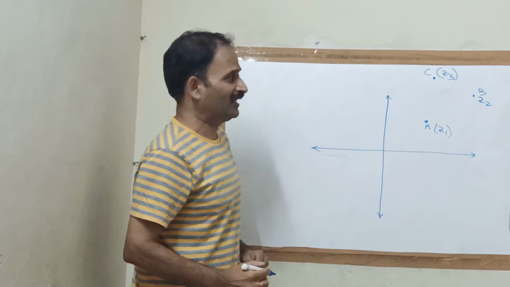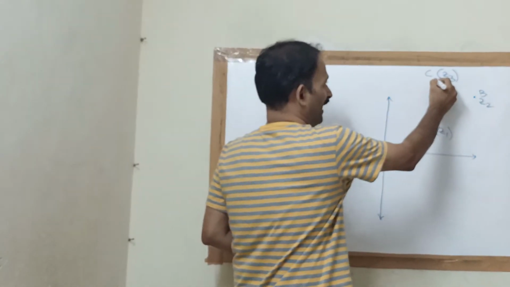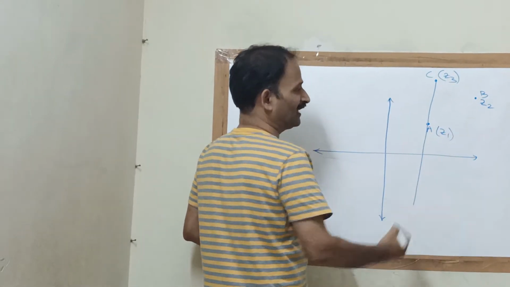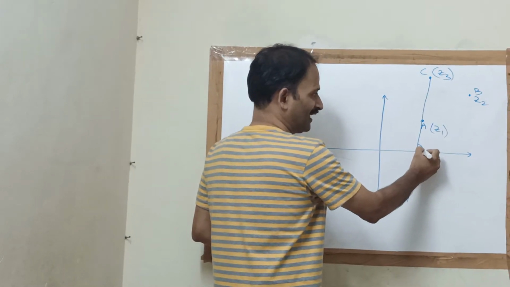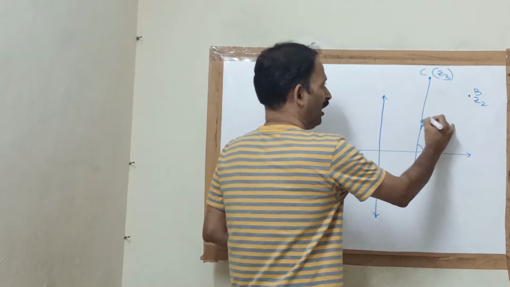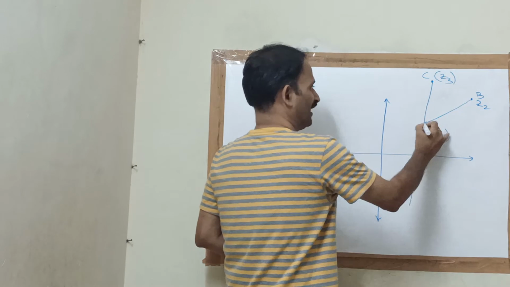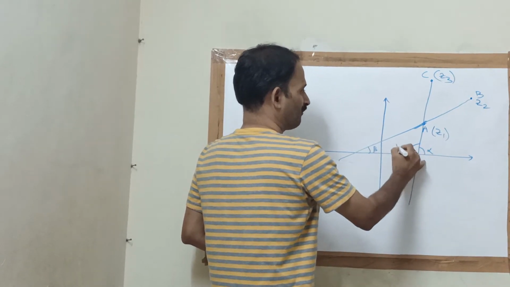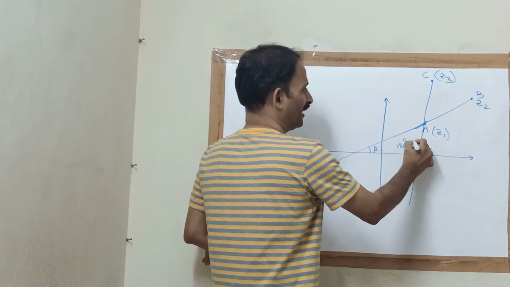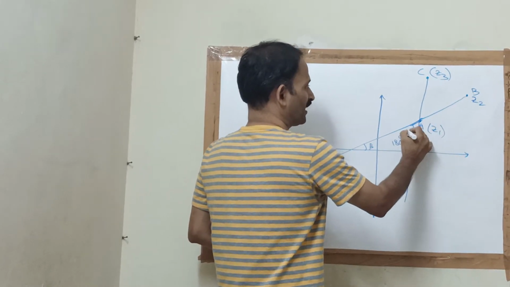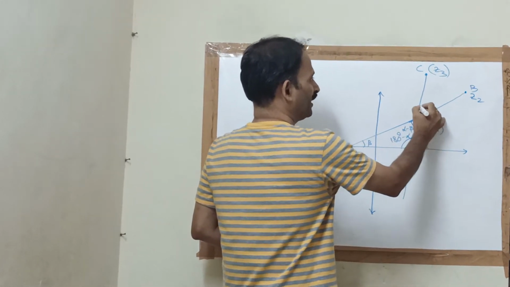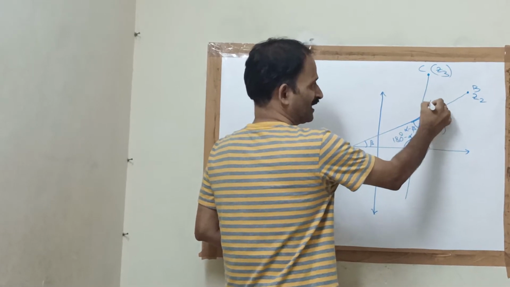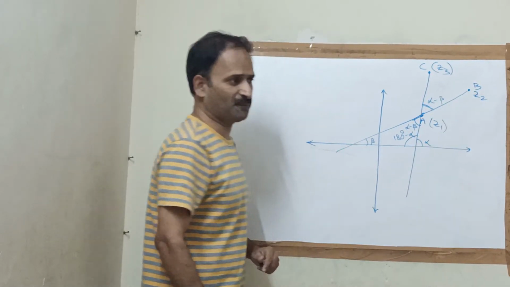Here take AC bar, the argument of AC as alpha and the argument of AB as beta. Then this becomes 180 minus alpha and this becomes alpha minus beta, and by alternate angles, this is also alpha minus beta.